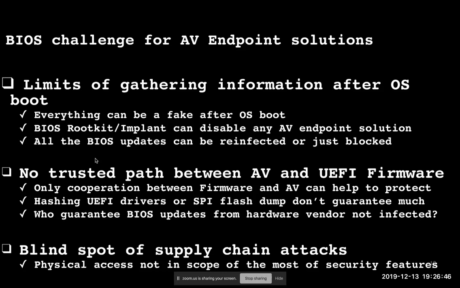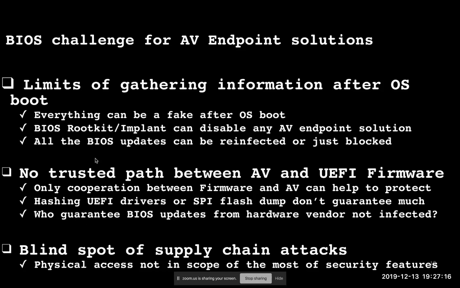Basically, whatever agent is executed at the operating system level, antivirus, endpoint or EDR, it can dump the BIOS, upload it to the cloud or analyze it inside the operating system with some pre-checks or rules, but it's only static. Without deep code analysis or runtime behavioral analysis, it doesn't say much, mostly only about supply chain problems.